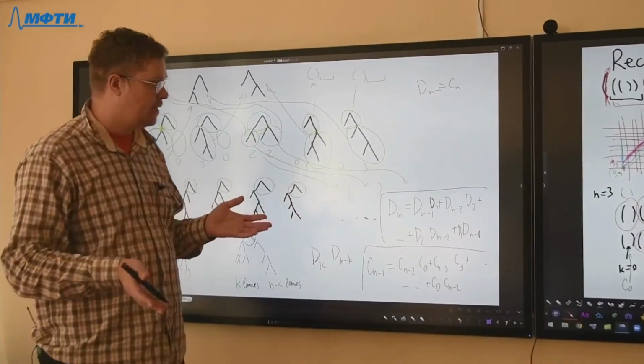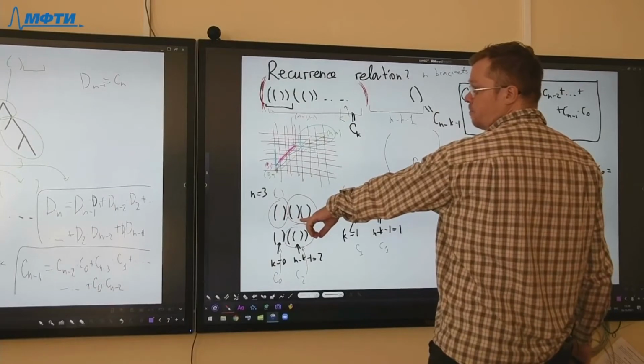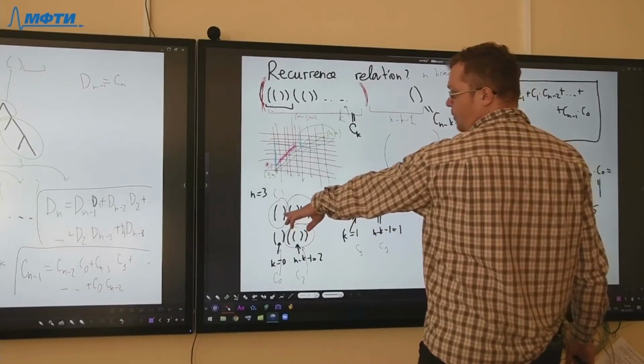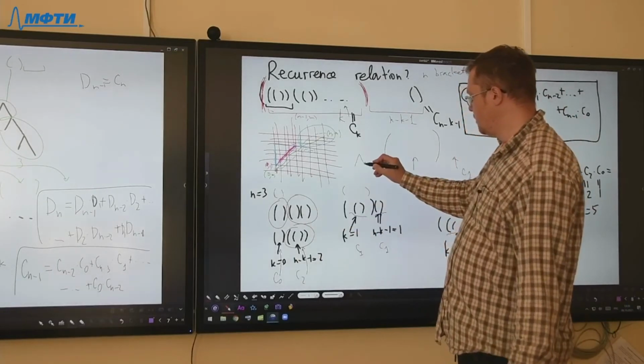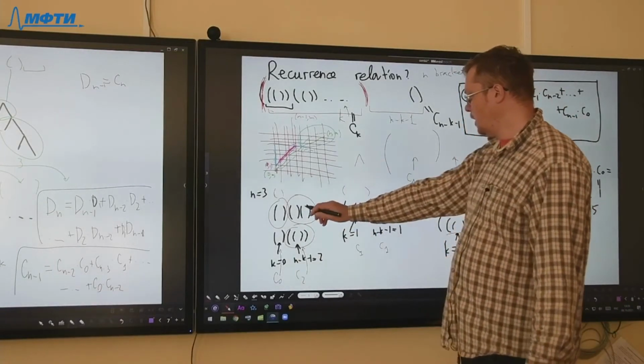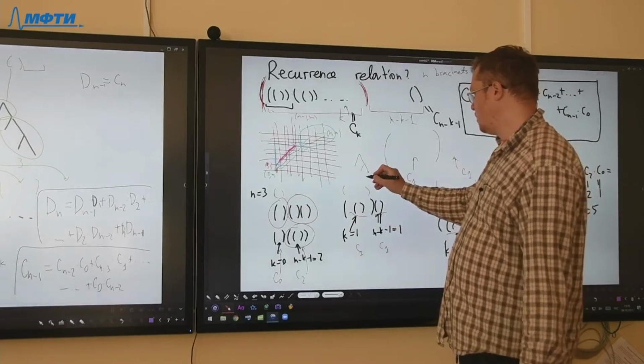This is the same idea. For example, if I look at the first bracket, if something is outside, then I go right here. And again, if something is outside, then I go right again.